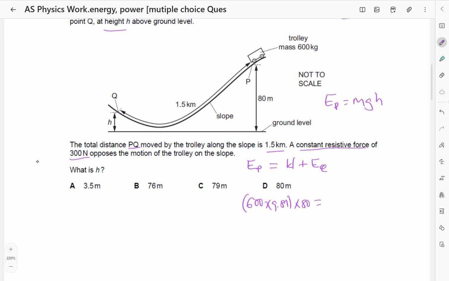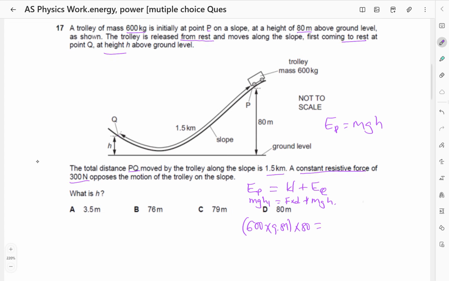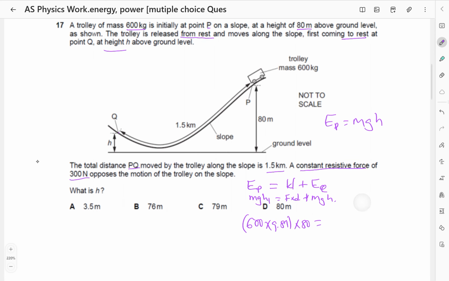Remember, work done is force times distance, so this is equal to force times distance, plus mgh. We have the resistive force, which is 300 newtons, times the distance along the path, which is 1.5 times 10 to the power 3, plus again the mass 600 times g, which is 9.81, then times h.